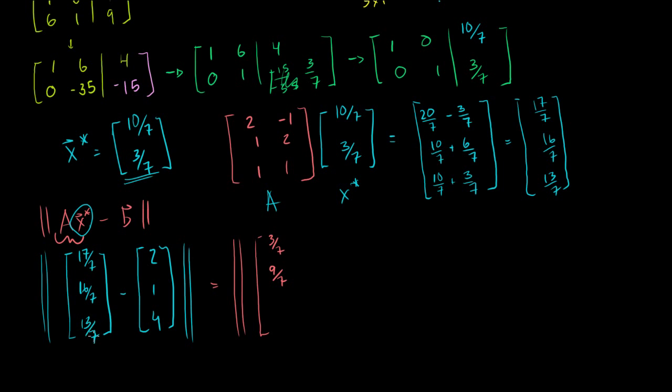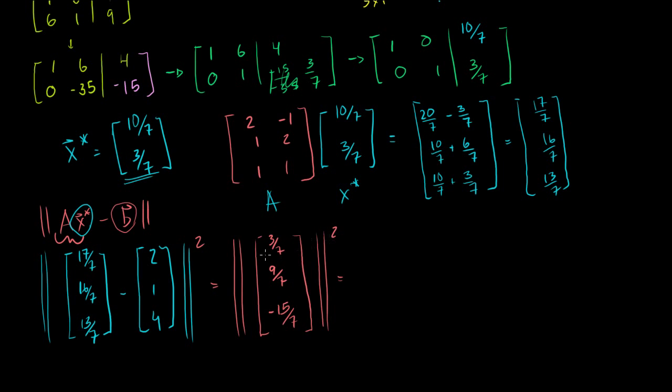And then 13 sevenths minus 28 sevenths, so that is minus 15 over 7. So this is the vector that separates the b that was not in the column space of A from the projection of b. Let's find the square of its length first.